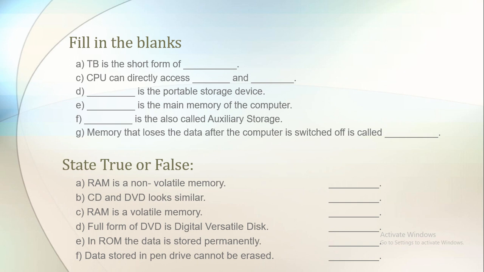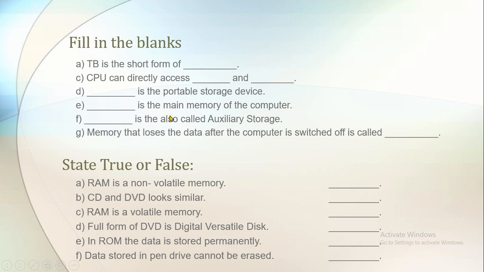You will have to solve it. Okay. I am reading out the questions for you so that you can solve it at your home. First is fill in the blanks. TB is the short form of dash. CPU can directly access dash and dash. Dash is the portable storage device.